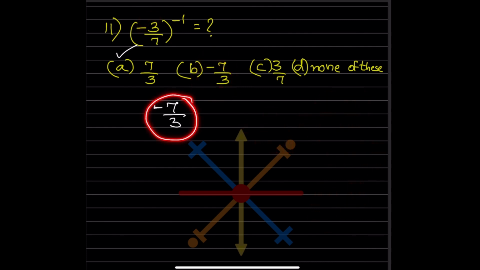So we can write minus 7 by 3. Both are the same. This is the right option.